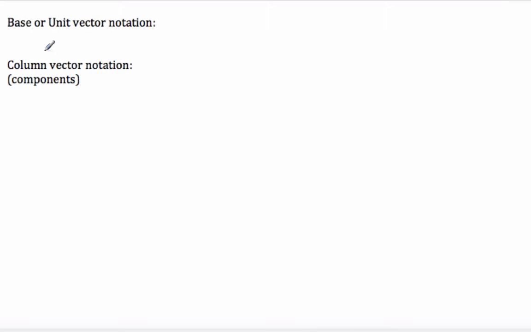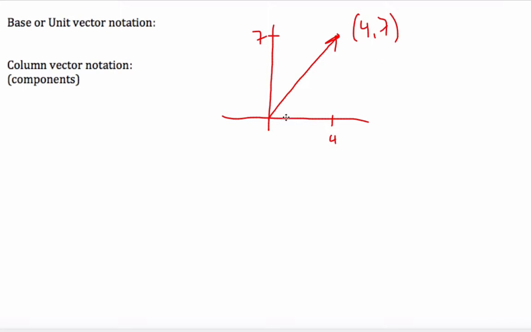Okay, some more basic notation. We know the base or unit vector notation. Well, if I have some vector, I'll do in 2 dimensions, let's say this is 4 and this is 7, here is my vector, and this is the point 4, 7.